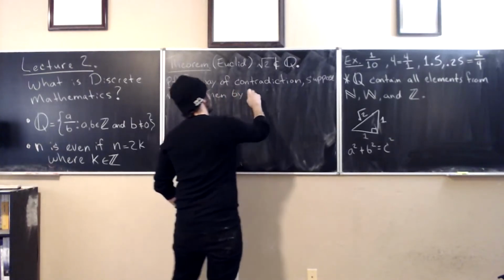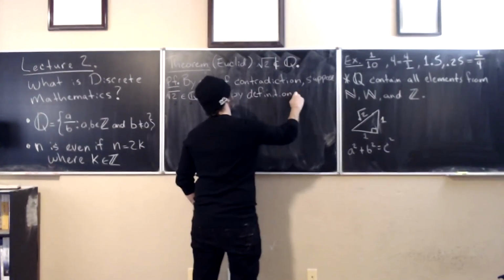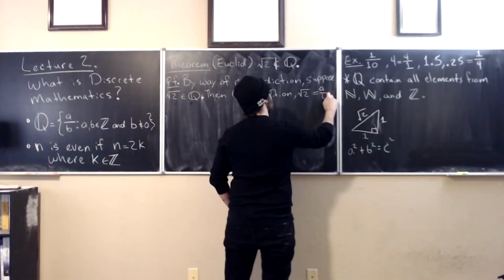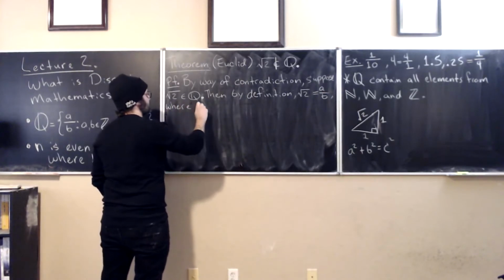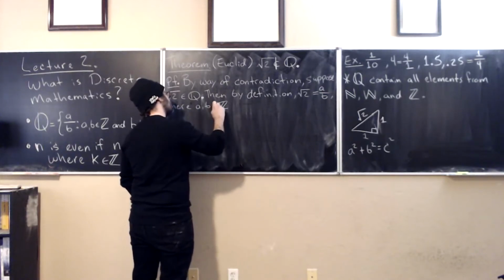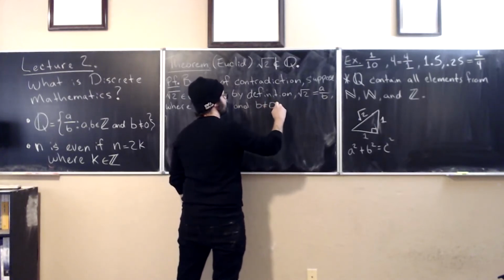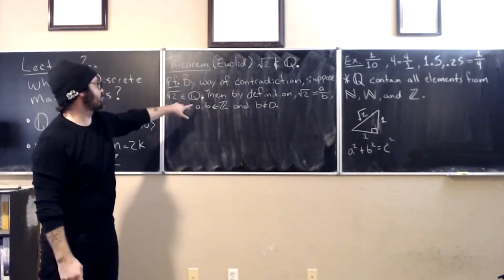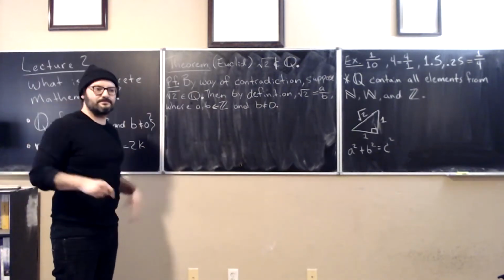Then, by definition, square root of 2 equals some number a over b, where a and b are integers and b is not equal to 0. Okay. All I did was make a claim that it is in there, and then I looked at what it means to be in there, and then I stated it. That's it. Okay.